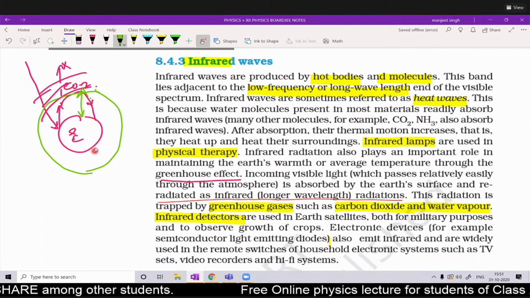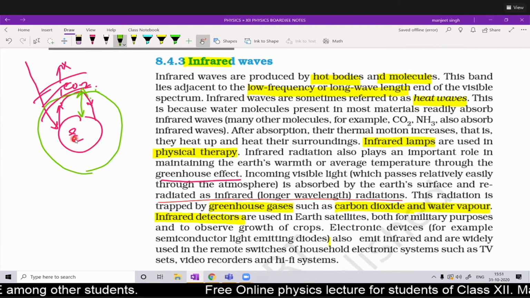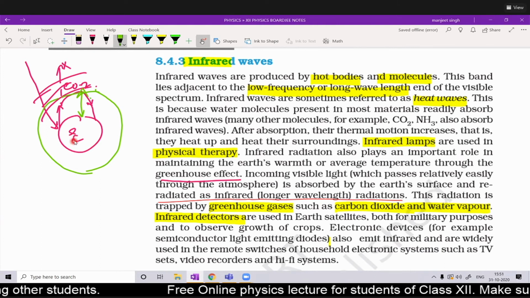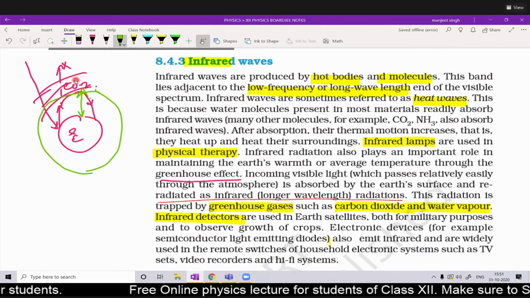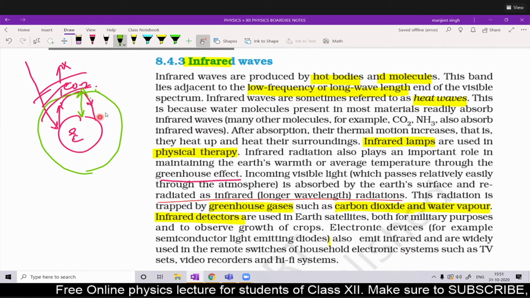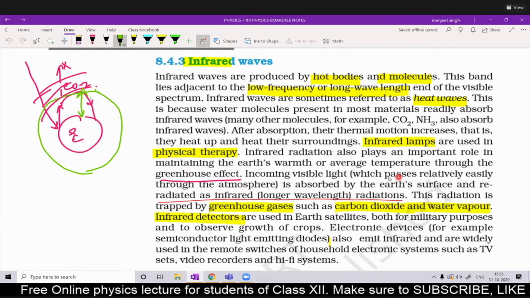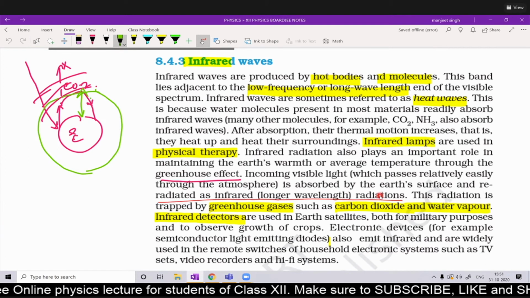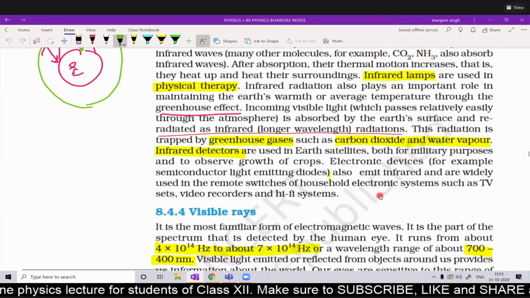The temperature variations would be so high that nobody survives. So because of the greenhouse gases we have warmth inside the earth and we are living. This is the greenhouse effect.